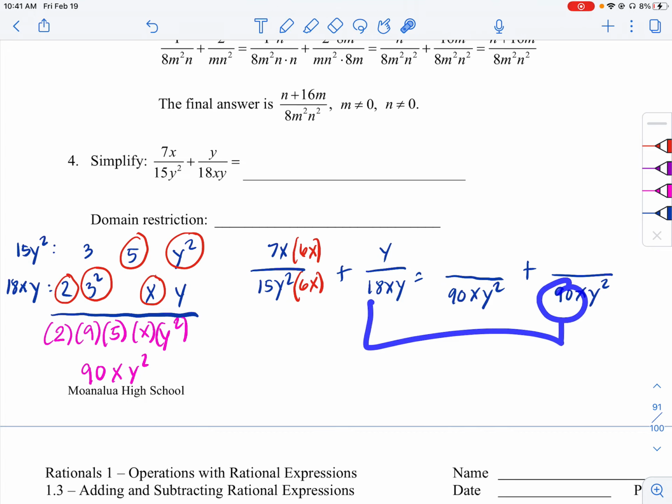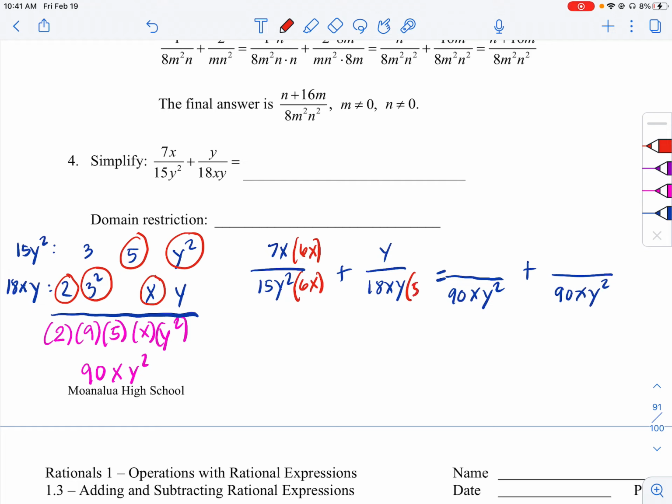Of course, you can do it backwards. What's 90 divided by 18? And 90 divided by 18 is 5. So I am multiplying this by 5. Okay, I will multiply 18 by 5 to become 90.